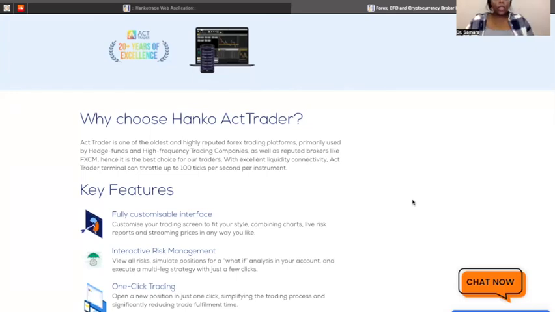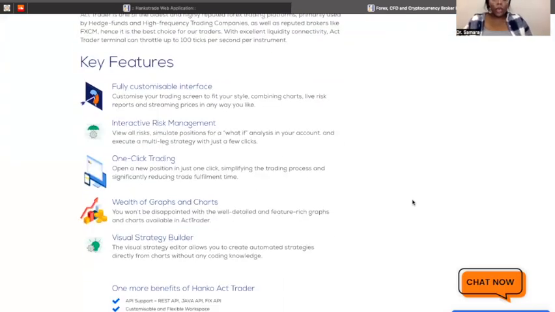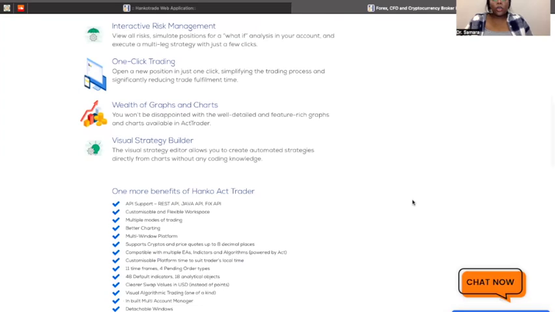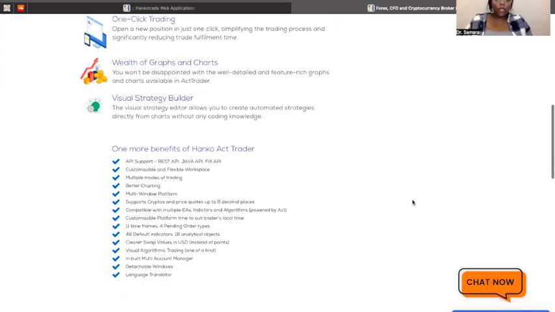So as I mentioned, this will be my first time looking into ActTrader. I'm not going to download ActTrader onto my MacBook at this moment. Currently I am on my MacBook, but I am going to wait until it is available on iPhone devices, because typically I trade mostly on my phone.